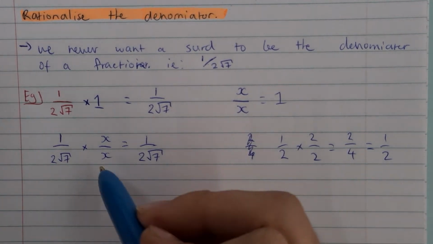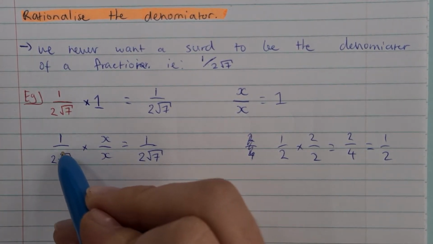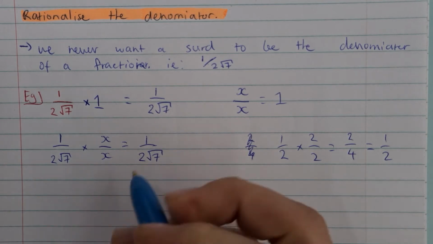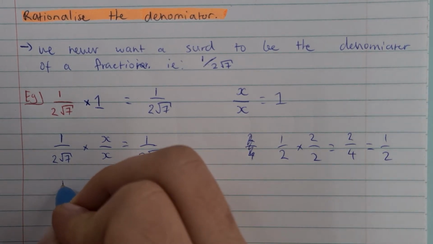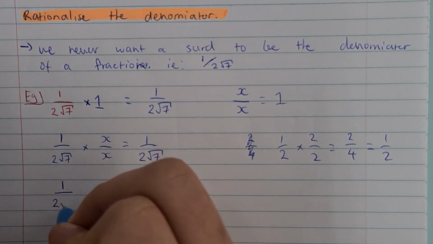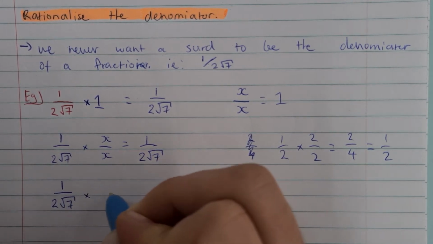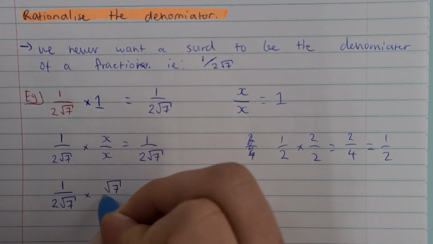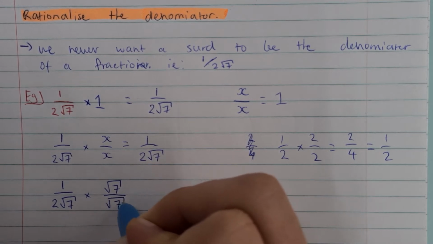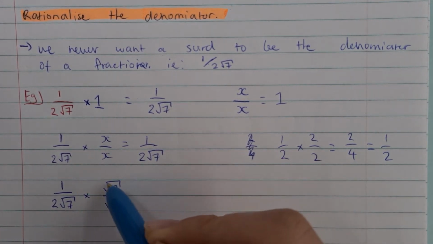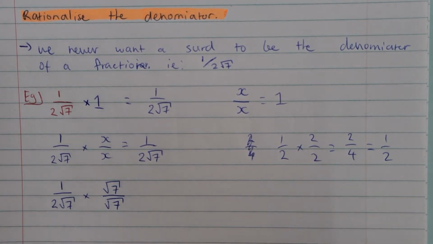What I'm going to do is choose x to be root 7, and we'll see what happens when I do that. So we've got 1 over 2 root 7 multiplied by root 7 divided by root 7, okay? So this fraction is equal to 1, so we're not changing anything here.